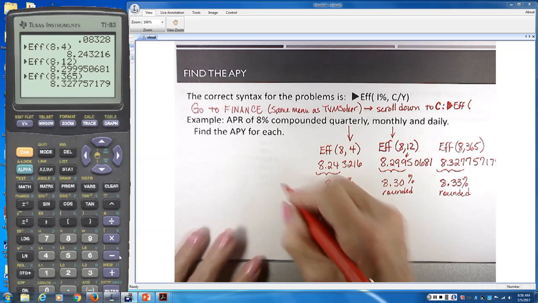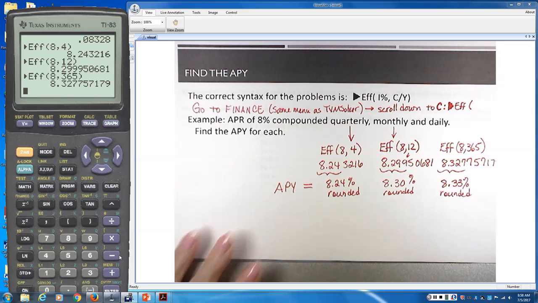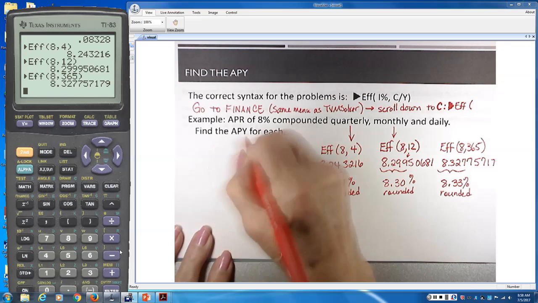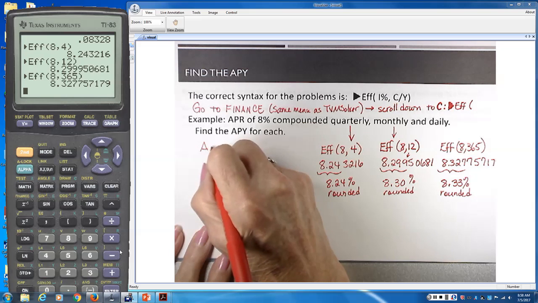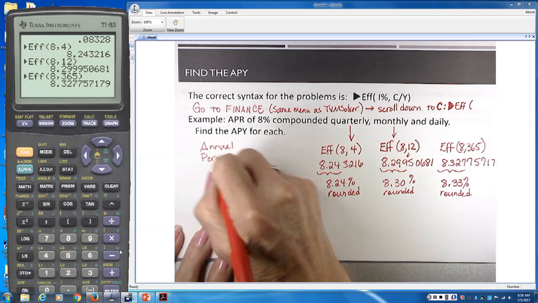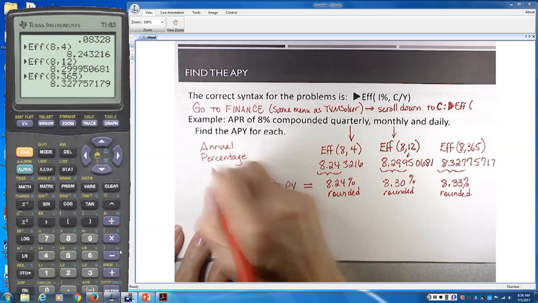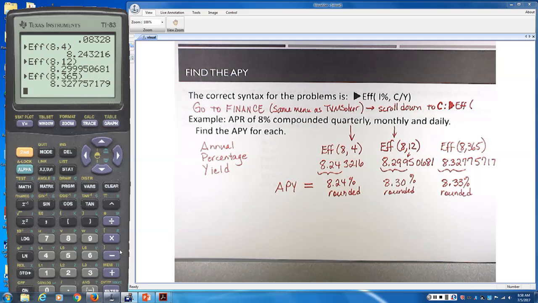So there's your APY for each one. The Y in APY is yield. APY is annual percentage yield. Okay?